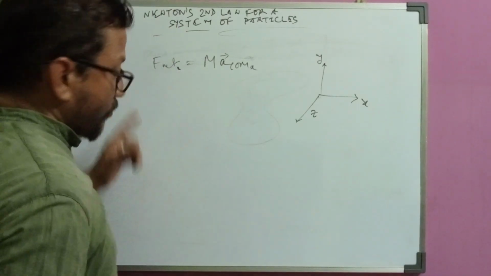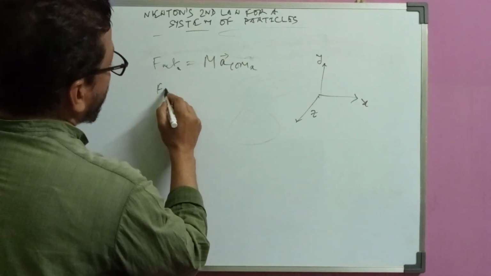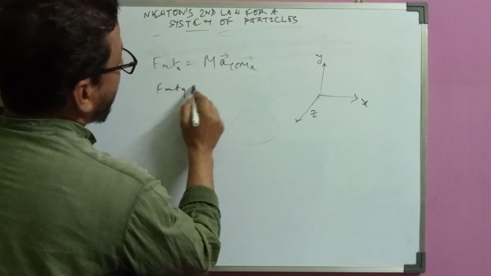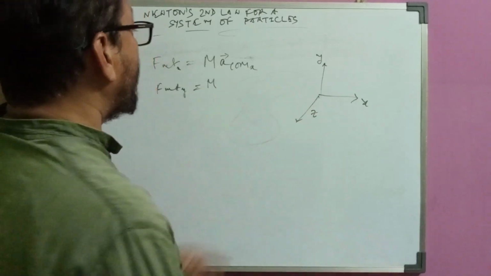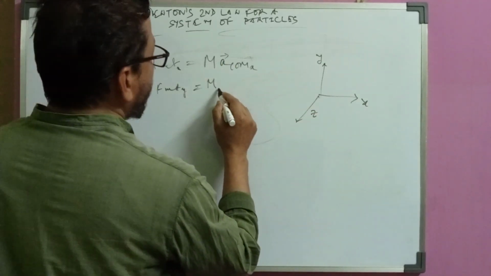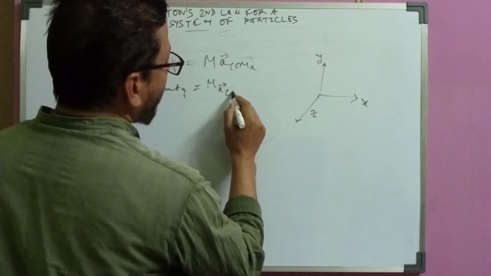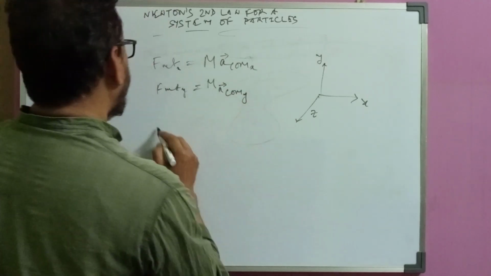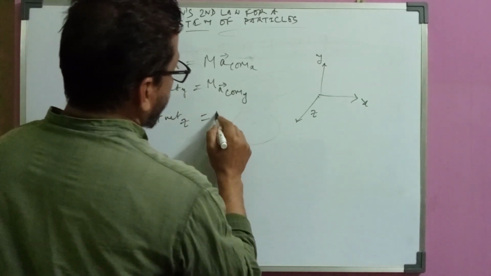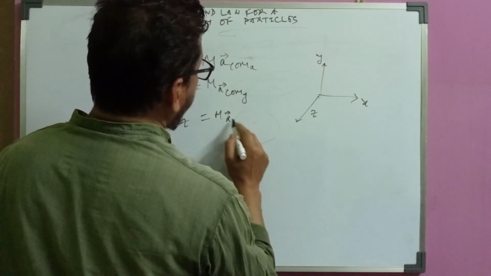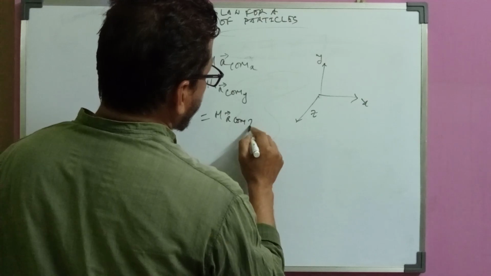Fnet x, Fnet y similarly. You can say this is the vector part. The vector components are proved this way: F net x is equal to m a com x, F net y is equal to m a com y and F net z is equal to m a com z.